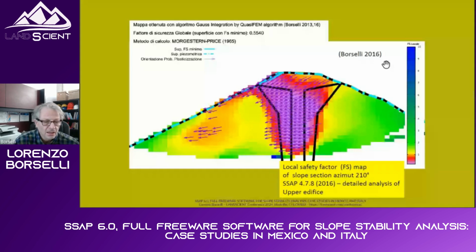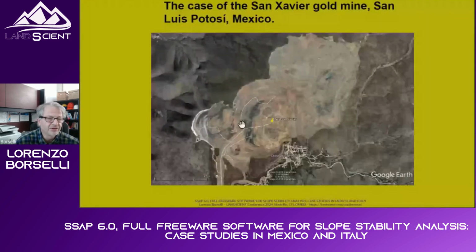This instead is another different context, the case of the San Javier gold mine, San Luis Potosí, Mexico. We have contact in limestone and porphyry gold deposits. The mine ceased its activity in 2016. This is the model where the analysis concentrated especially in this area, because it is an urbanized area.